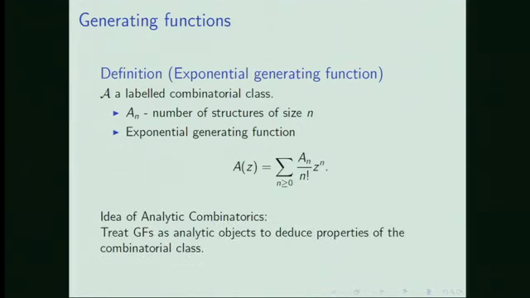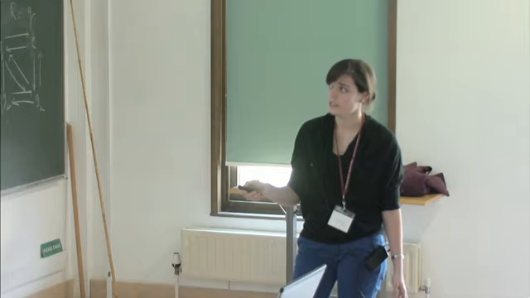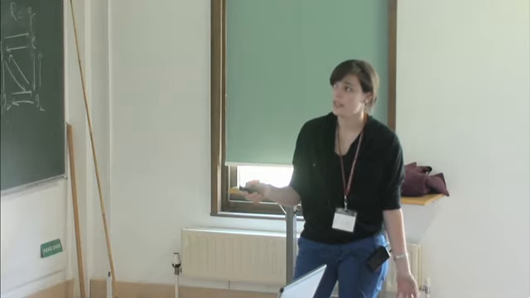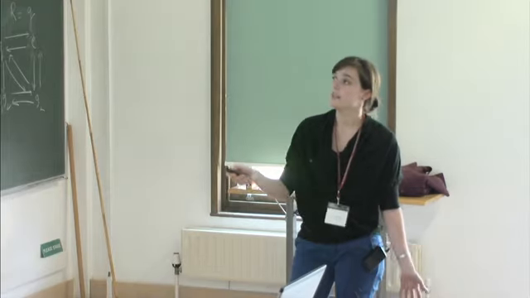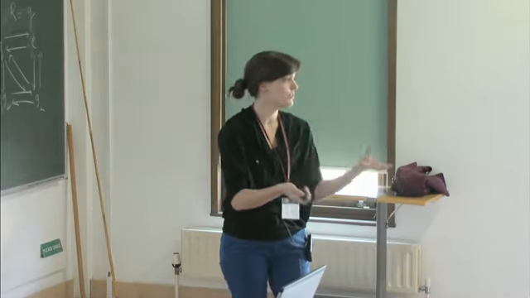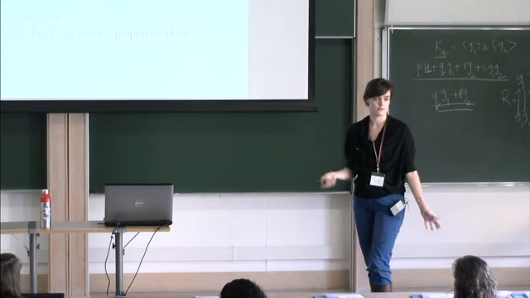And then what's the idea of analytic combinatorics? Well, the idea is that somehow we can easily get access to these generating functions, not necessarily to the coefficients, but then we basically have an analytic object and we can do complex analysis on it, and we can therefore deduce something about the combinatorial properties of my class.